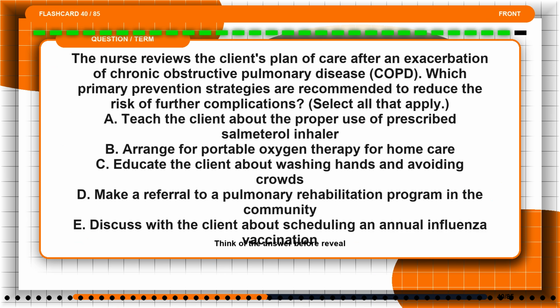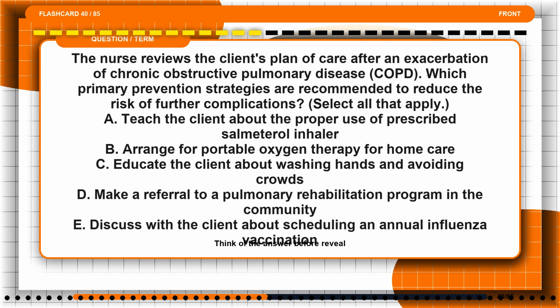Flashcard 40. The nurse reviews the client's plan of care after an exacerbation of chronic obstructive pulmonary disease (COPD). Which primary prevention strategies are recommended to reduce the risk of further complications? Select all that apply. A. Teach the client about the proper use of prescribed salmeterol inhaler.